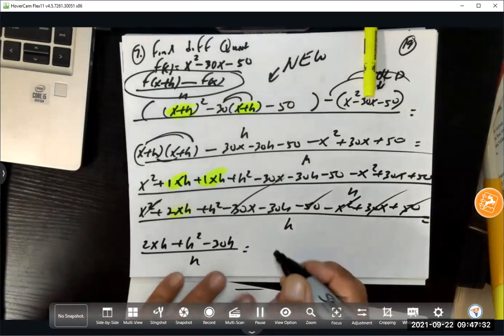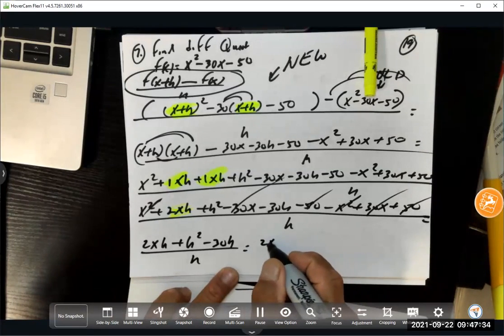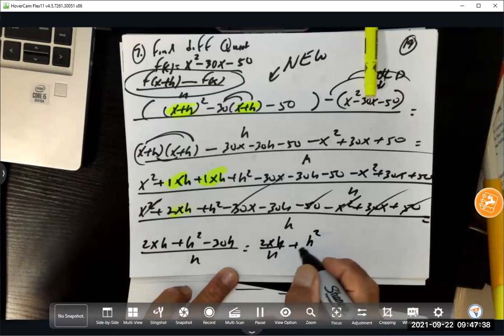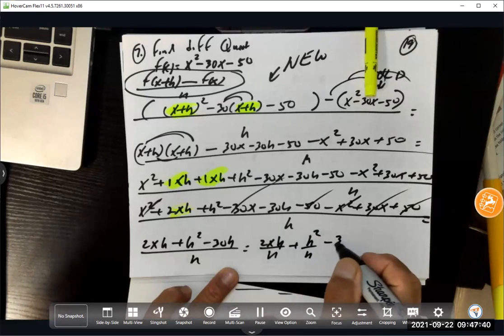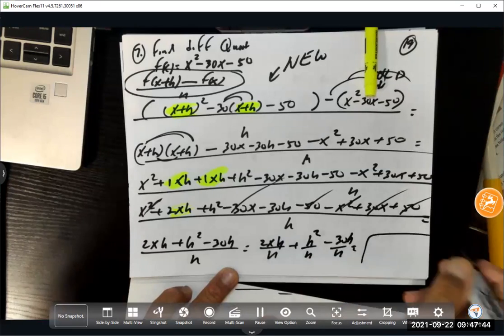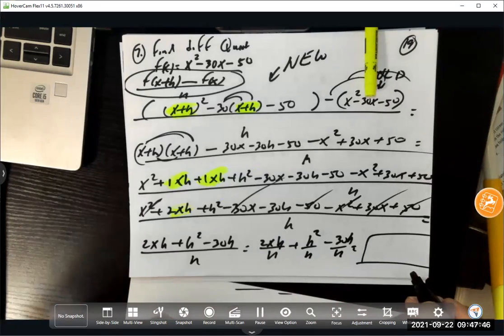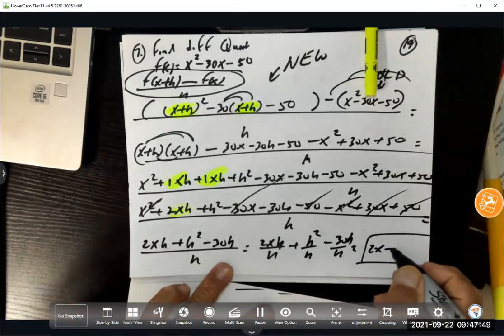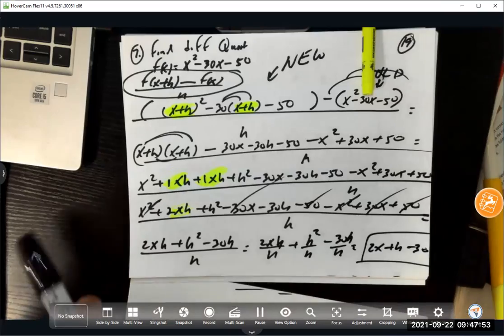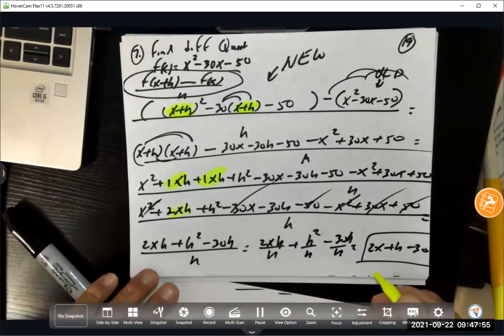Can I break them into 3 fractions? Yes. 2xh over h plus h squared over h minus 30h over h. What is it? 2x plus h minus 30. That's it, minus 30. The answer right here.